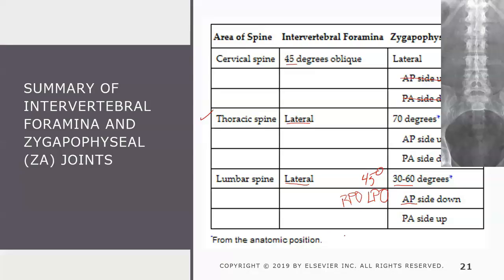So now for the PA below, we're talking LAO and RAO. Then we're looking at the side away. So if the patient was in an RAO, what side are we looking at? Left.